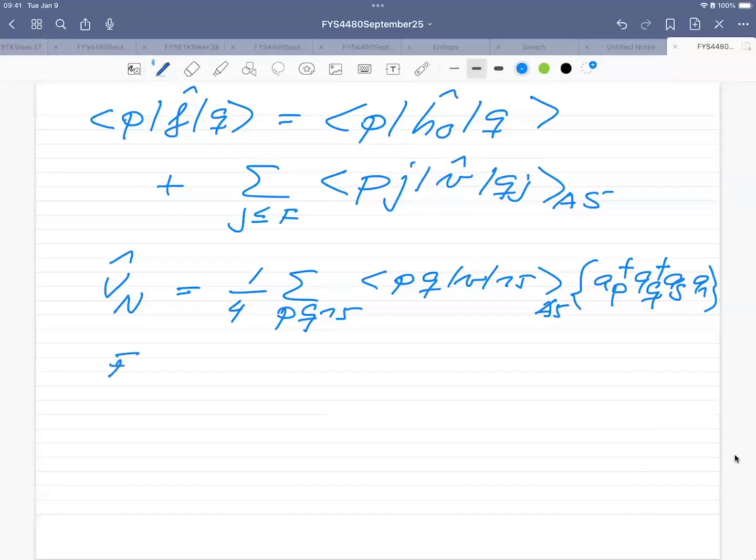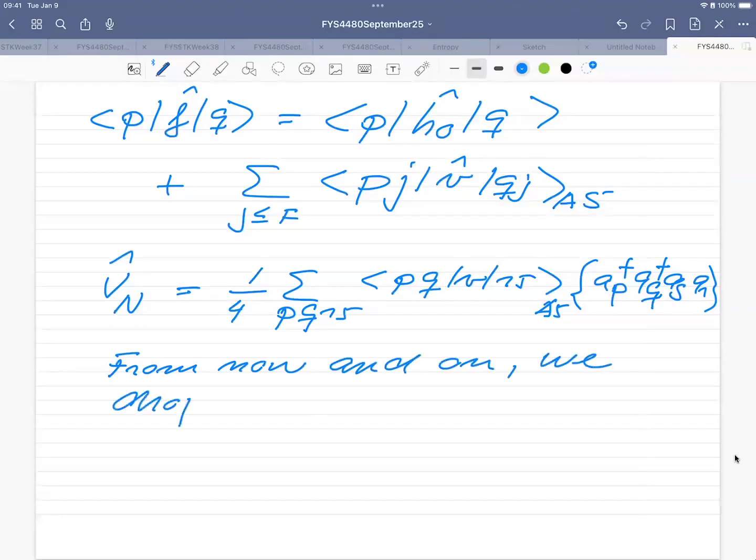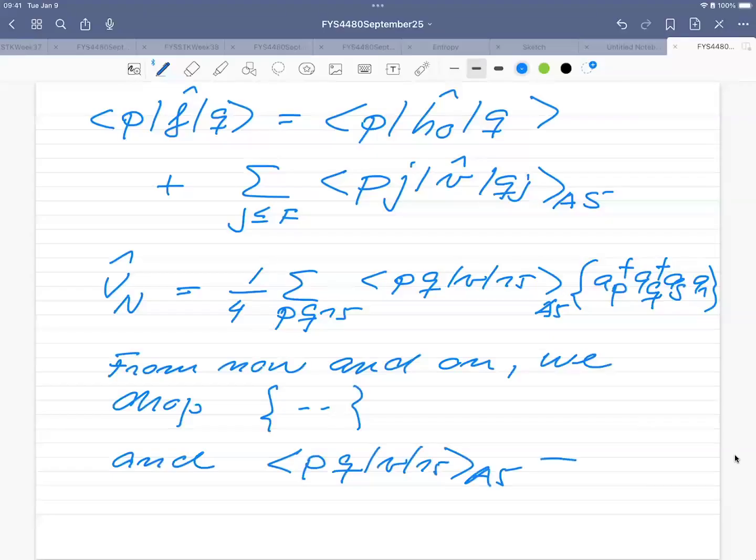So from now on, unless it can be misunderstood, we drop these curly brackets. So it's understood that the operators are normal ordered with respect to the new reference state. And what we are going to do then is simply to rewrite this PQVRS anti-symmetrized. I'm simply going to replace that one with just PQVRS.